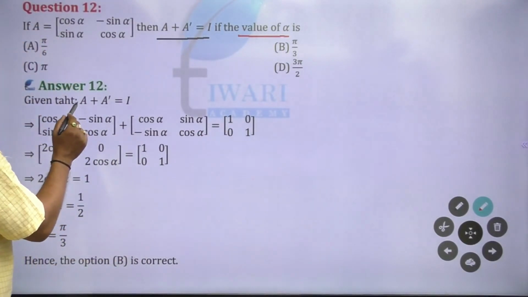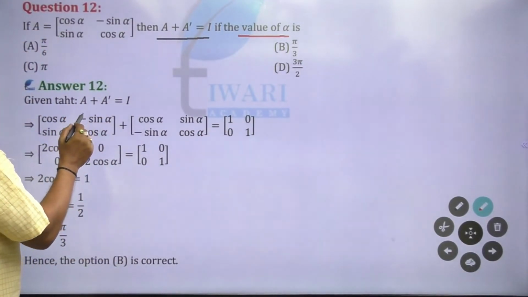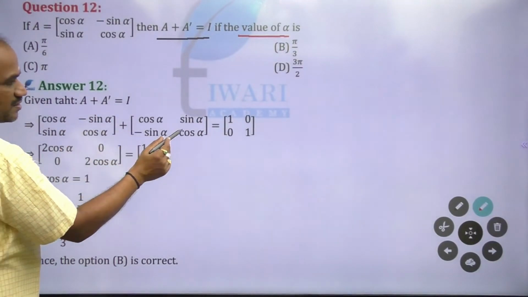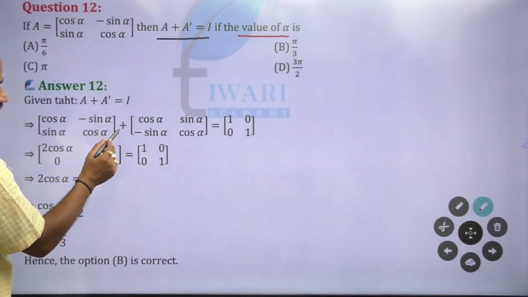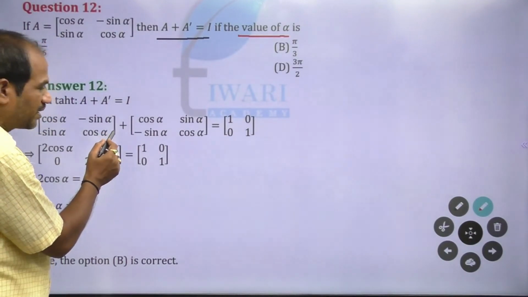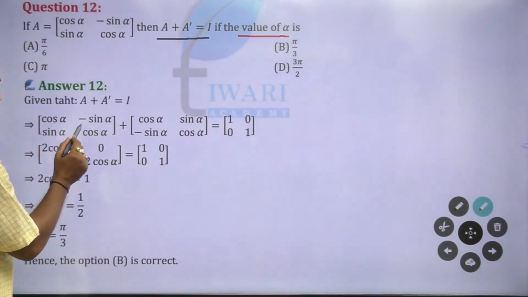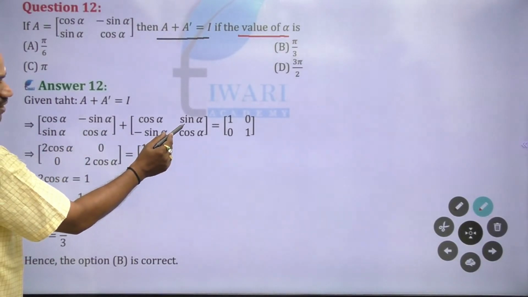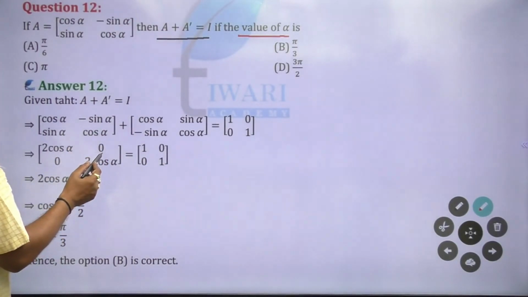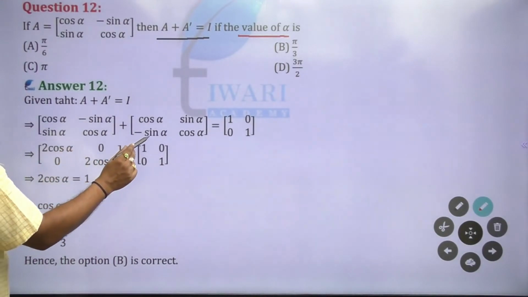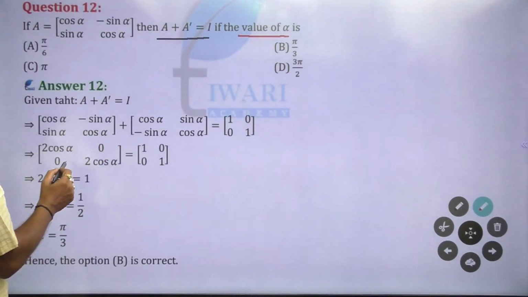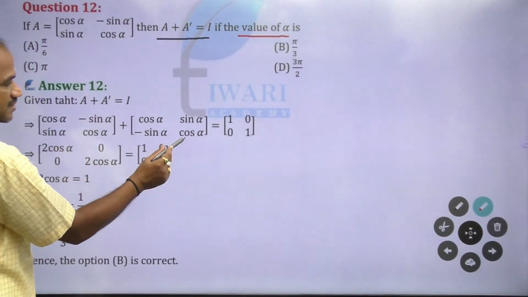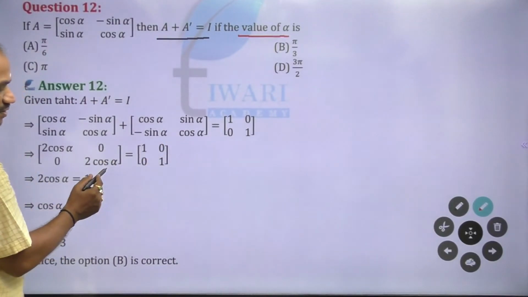A plus A dash is equal to I. Adding the corresponding elements of the two matrices: cos alpha plus cos alpha is 2 cos alpha; minus sin alpha plus sin alpha cancels to 0; sin alpha minus sin alpha is 0; cos alpha plus cos alpha is 2 cos alpha.